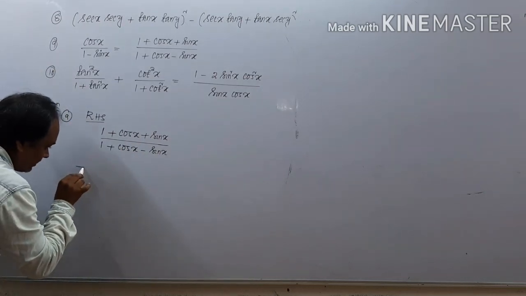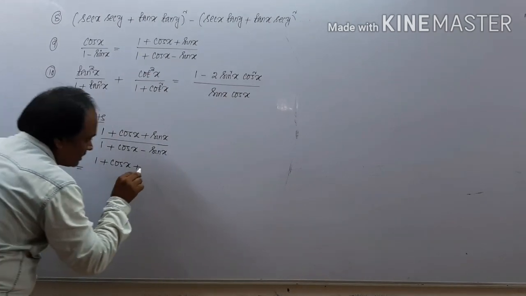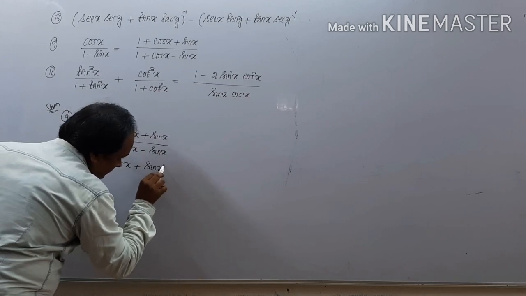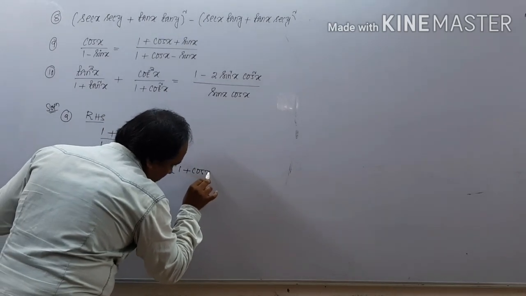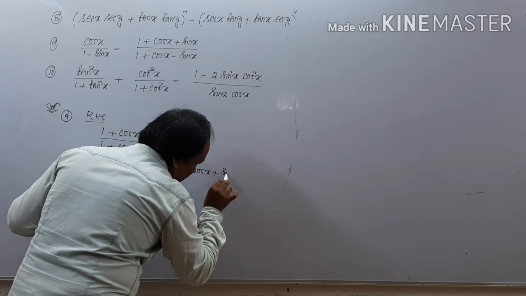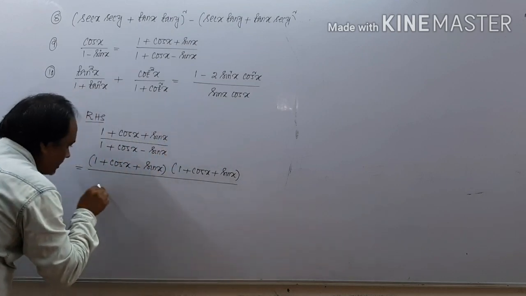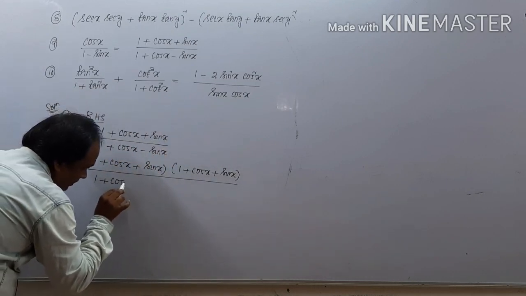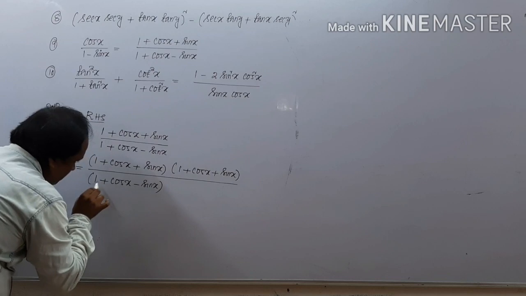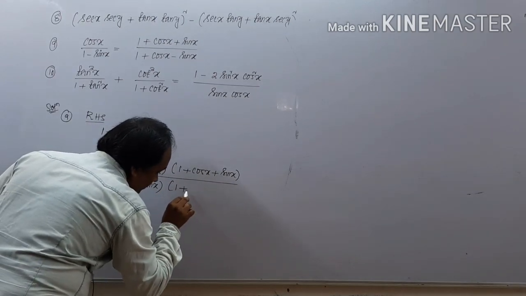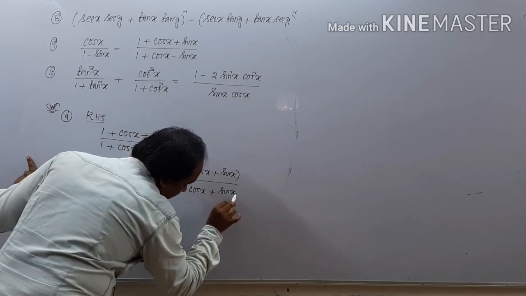So I will multiply 1 plus cos x plus sin x with 1 plus cos x plus sin x, divided by 1 plus cos x minus sin x, multiplied by 1 plus cos x plus sin x, right?